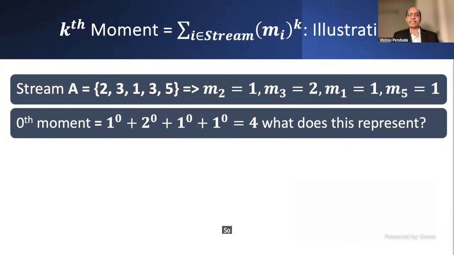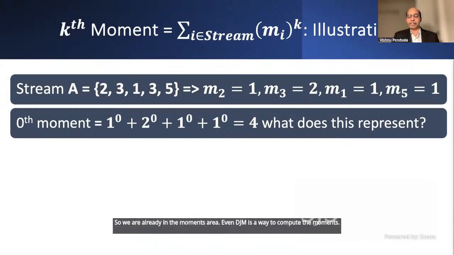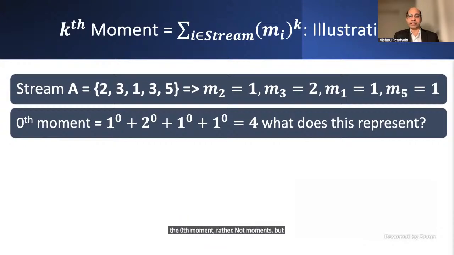So the same thing that we considered in the previous algorithm, right? The DGIM algorithm we talked about so far gives you the number of distinct elements, which is the zeroth moment. So we are already in the moments area. It is a way to compute the zeroth moment.